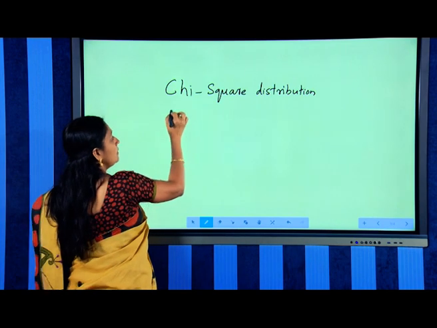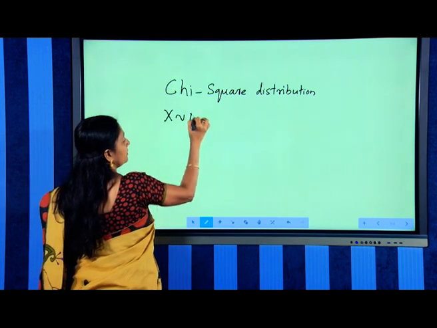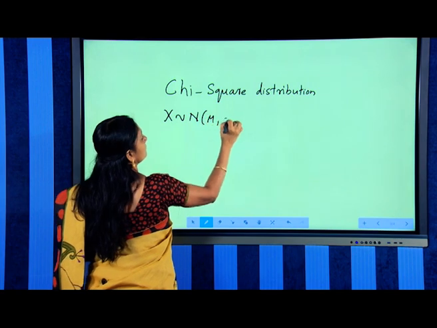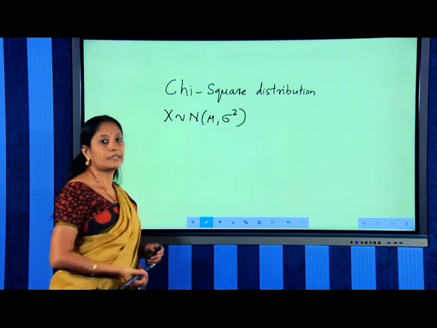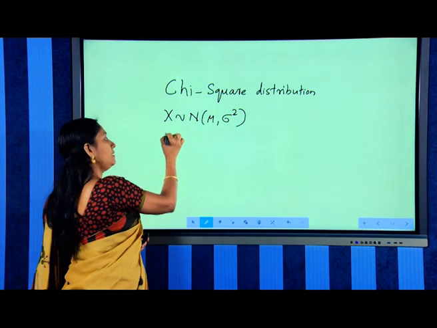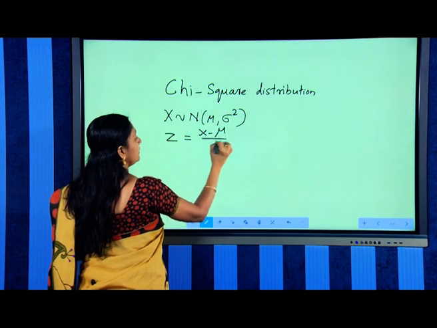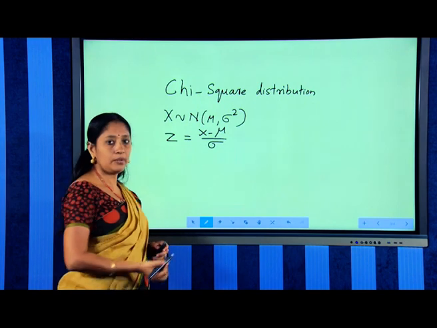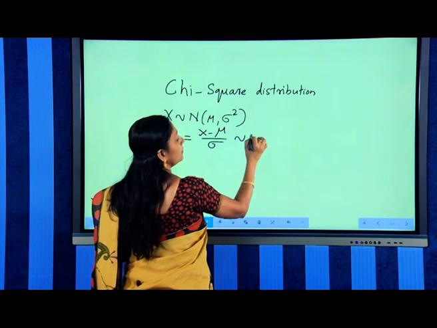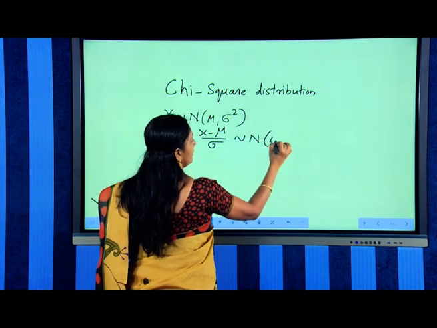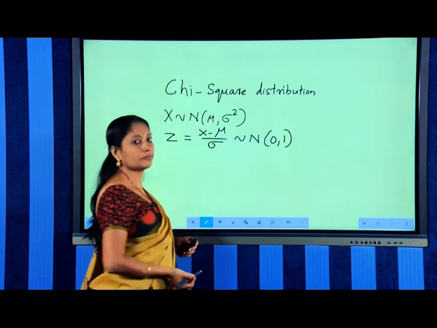When x follows N(mu, sigma square), the random variable z is equal to x minus mu by sigma follows standard normal distribution, that is N(0,1).